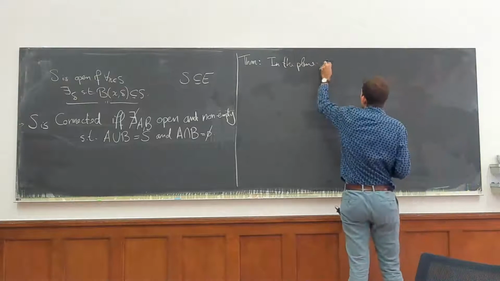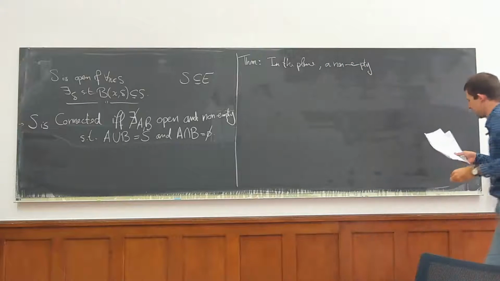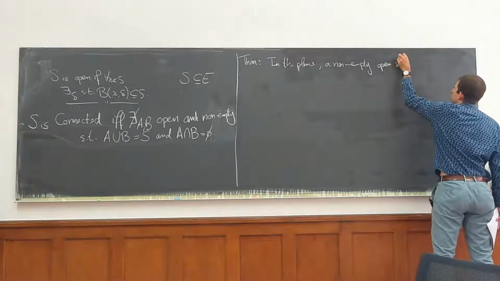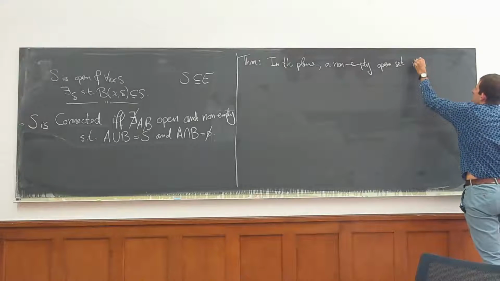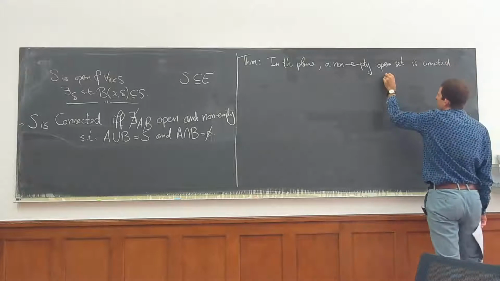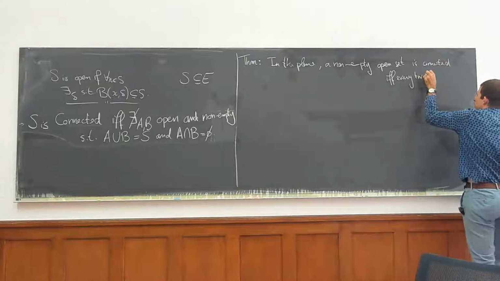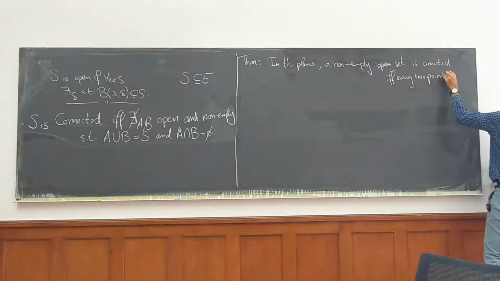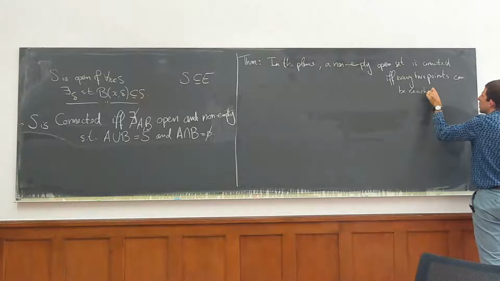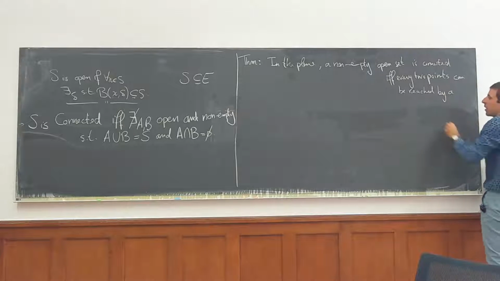In the plane, a nonempty open set is connected if and only if every two points can be reached by a polygon line.